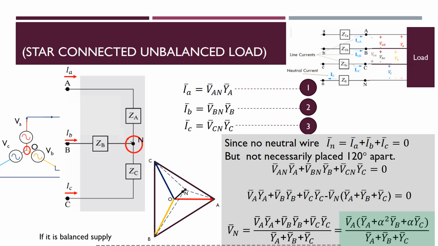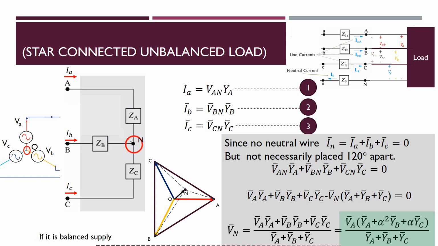Here you can see the triangle. With respect to the ABC terminals, you can construct this kind of triangle using the line voltages, and the phase voltages are with respect to this O terminal. Then OA, OB, OC are the phase voltages of the source, and with respect to that point the neutral voltage is VNO.